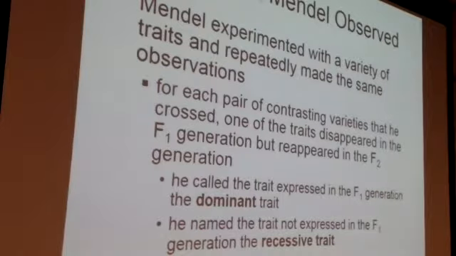And it doesn't matter if he was talking about flower color, because after he was done with flower color, he would move on and look at maybe plant height. He would take a tall one that always breeds true for tall, and a short one that always breeds true for short, and cross them. All the F1s would be tall, because that's the dominant trait, dominant allele, I should say.